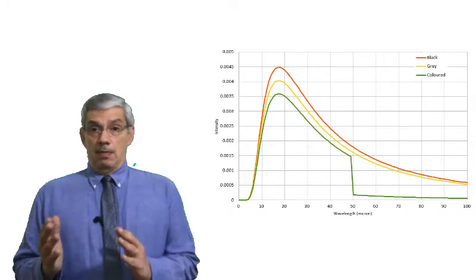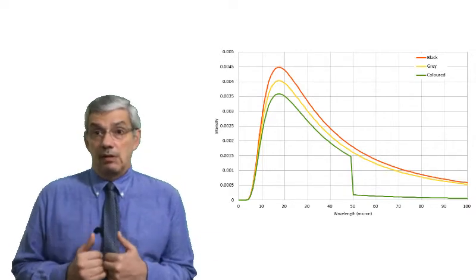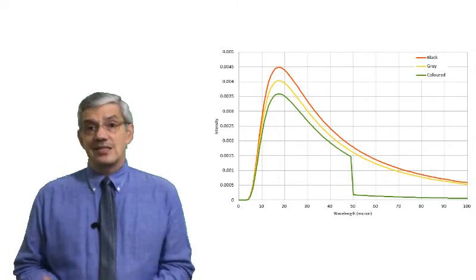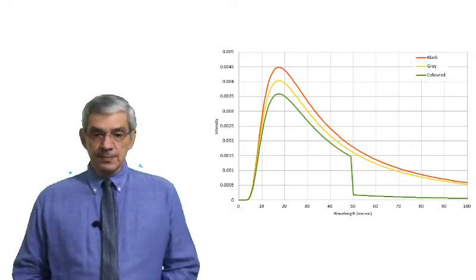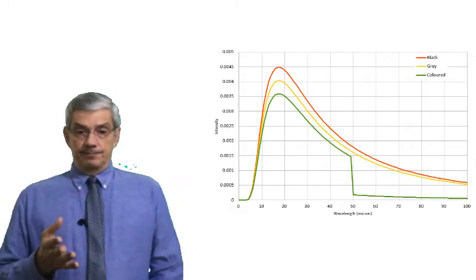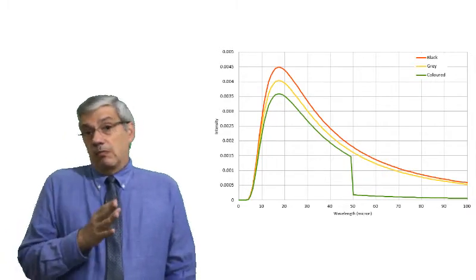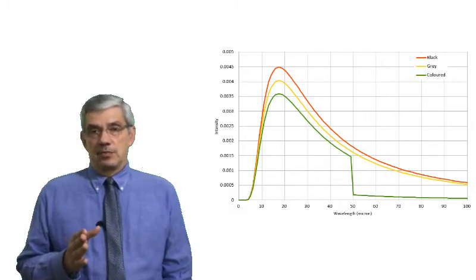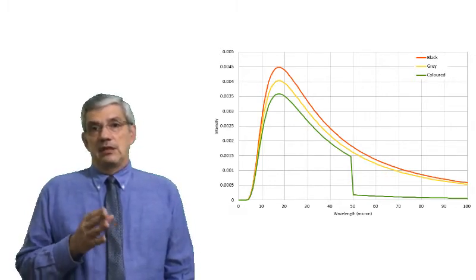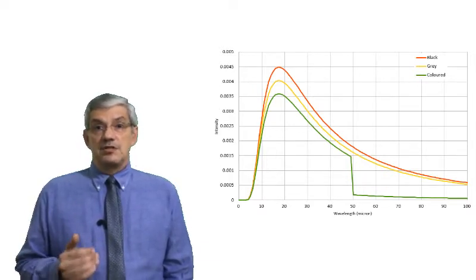So, a body which is not black will emit less energy than a black body. As you can see here, almost all the energy of a black body is in the infrared region, unless its temperature is very high.